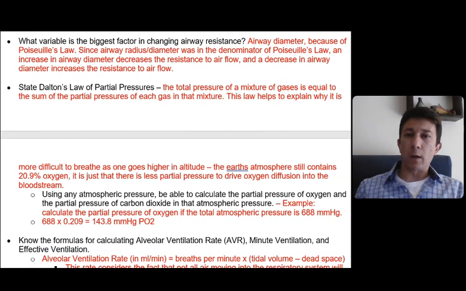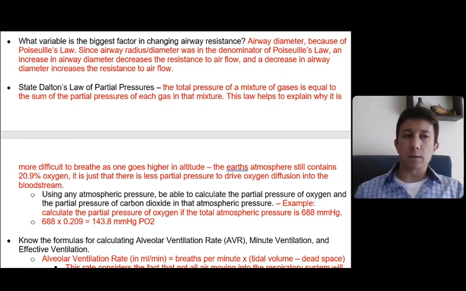And we saw that airway radius or diameter was in the denominator of Poiseuille's law, and it was also to the fourth power. So anytime you make a number like radius or diameter bigger, and it's in the denominator of an equation like that, the resistance is going to get smaller, because anytime you divide a number by a really big number in the denominator, the variable like resistance is going to go down.